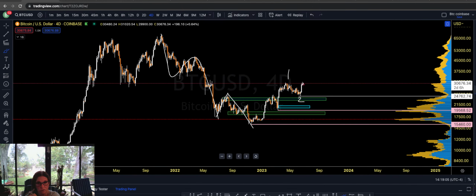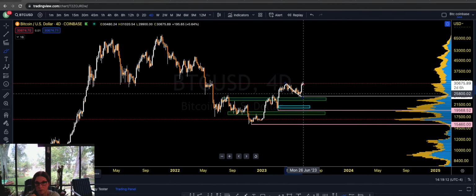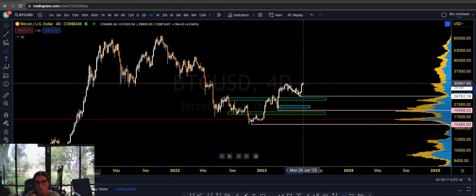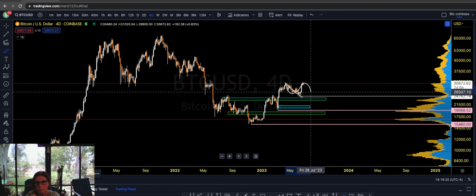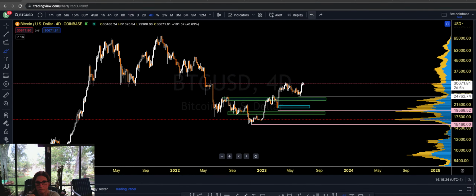But the good news is either the connector is over and this is the start of whatever we're getting to the upside, or the connector is going to be bigger. Okay, and we'll talk about that in a second. So with that being said, because Bitcoin came and tapped the high here, it really invalidated any bad bearish scenario.